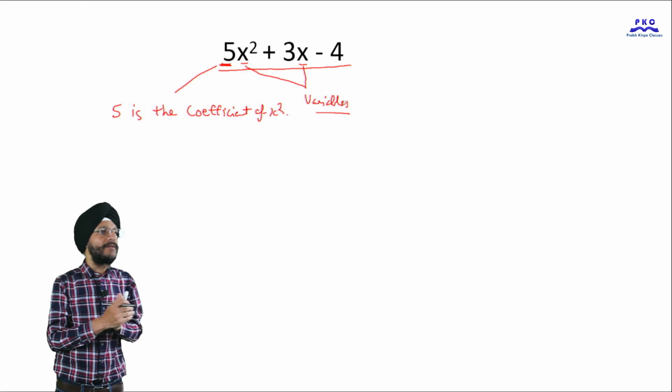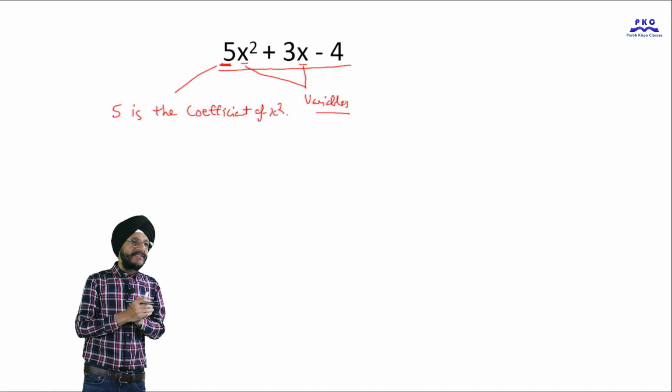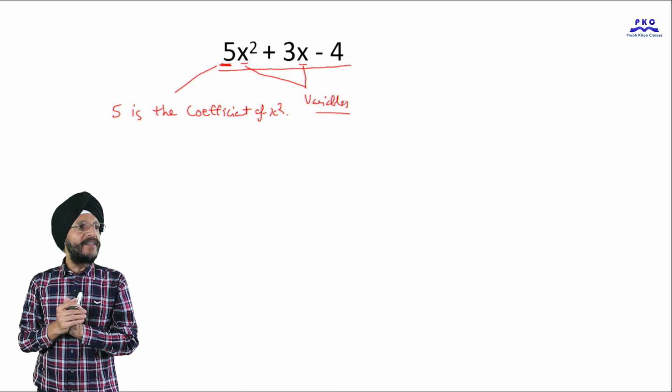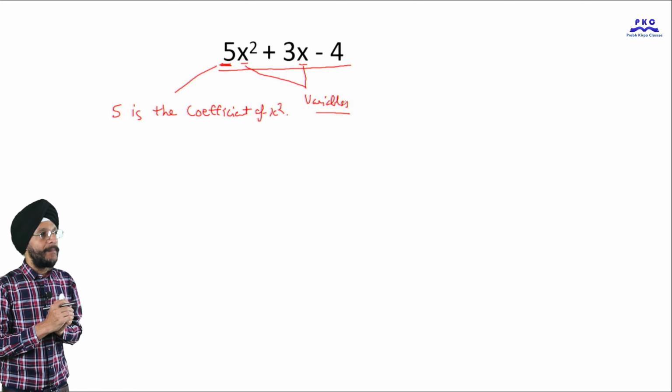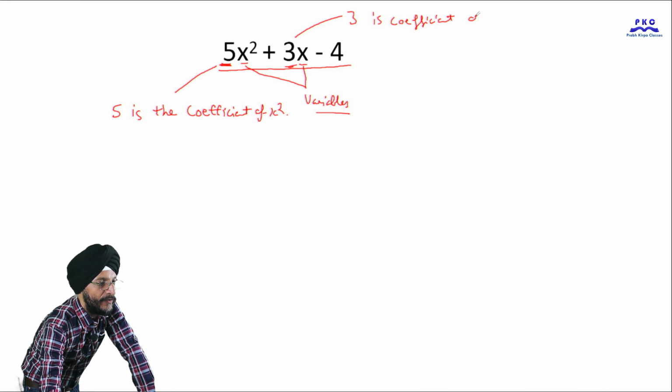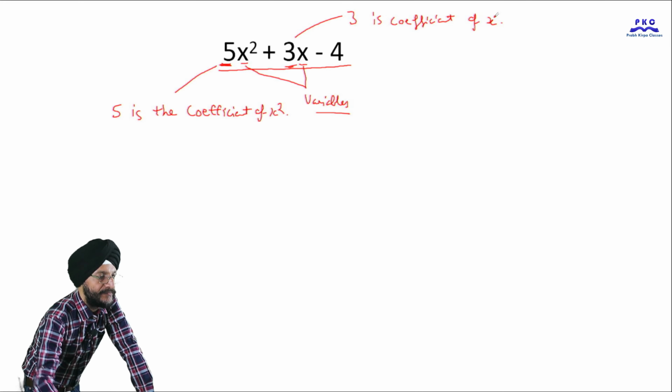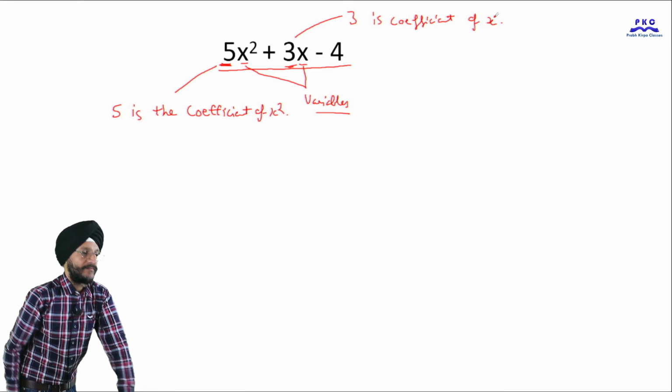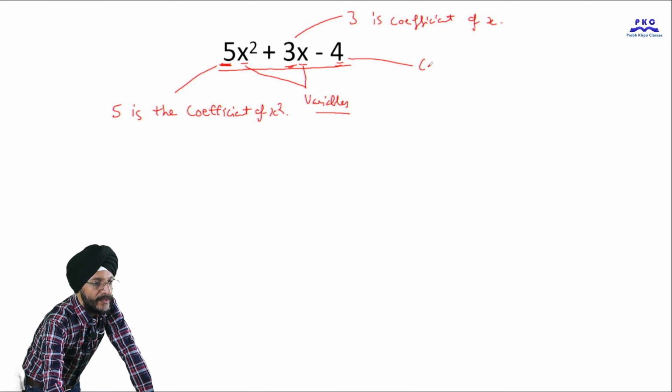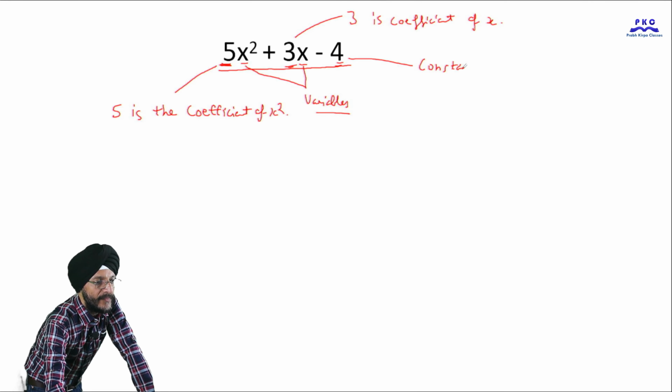As already told, in a polynomial normally x, y or z are taken as variables. Here 3 is the coefficient of x. Now this 4 is the constant term, that is, its value does not change.